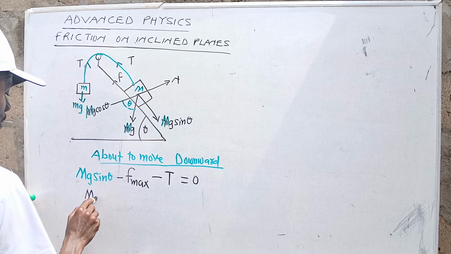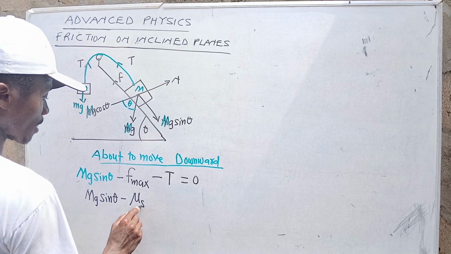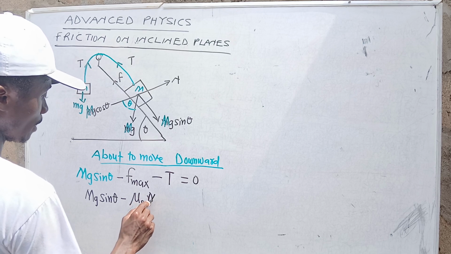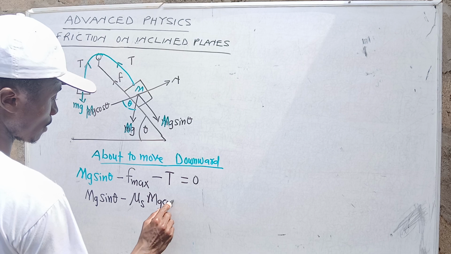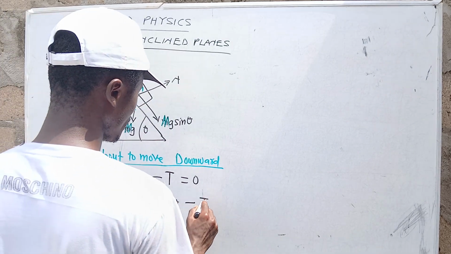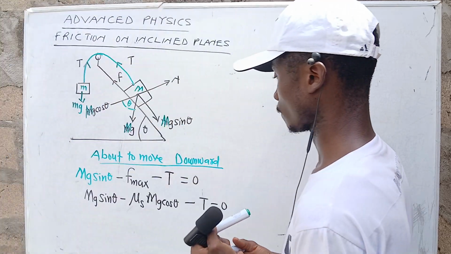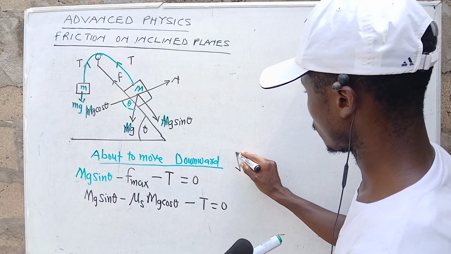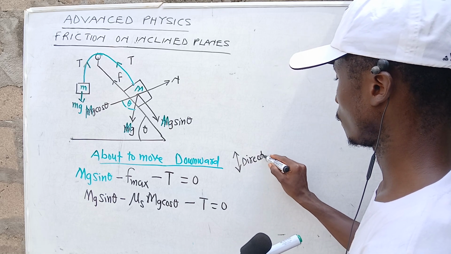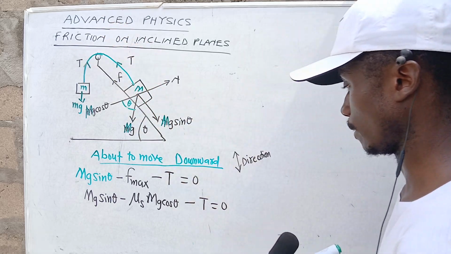Then Mg sine theta minus mu static times capital Mg cos theta, where Mg cos theta is the normal reaction, minus T is equal to 0. This direction is up and down the inclined direction.